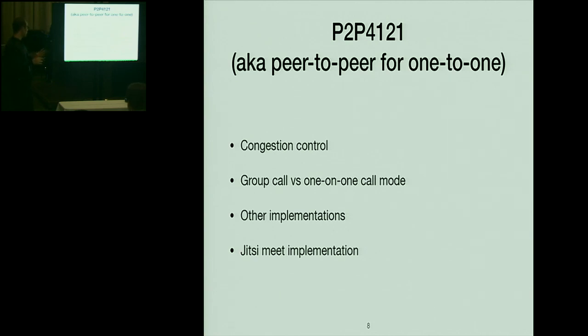Group call versus one-to-one call mode: what features get activated and why it's important to deactivate conferencing features in one-to-one call mode. We're going to see other implementations. Big players have been implementing this. We're going to see who does it and who might do it in the future. We're going to overview the Jitsi Meet implementation, what we have implemented in our projects.